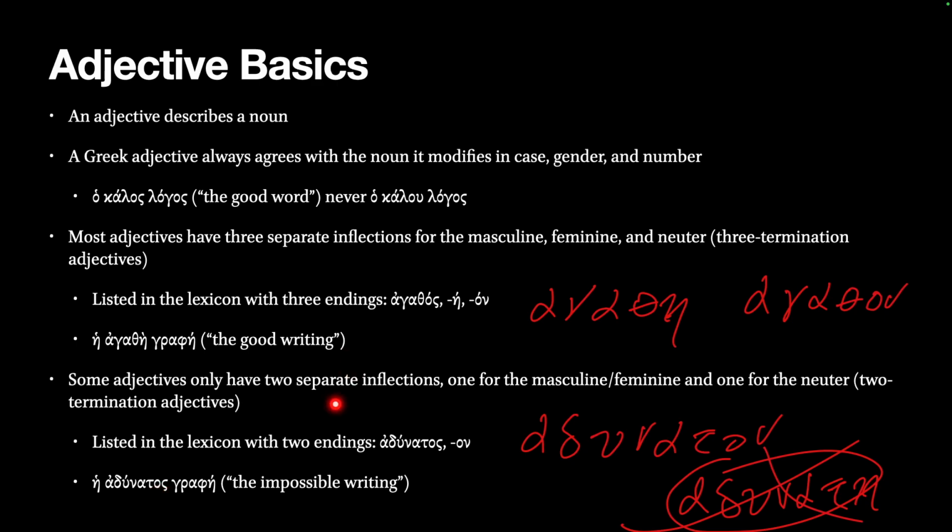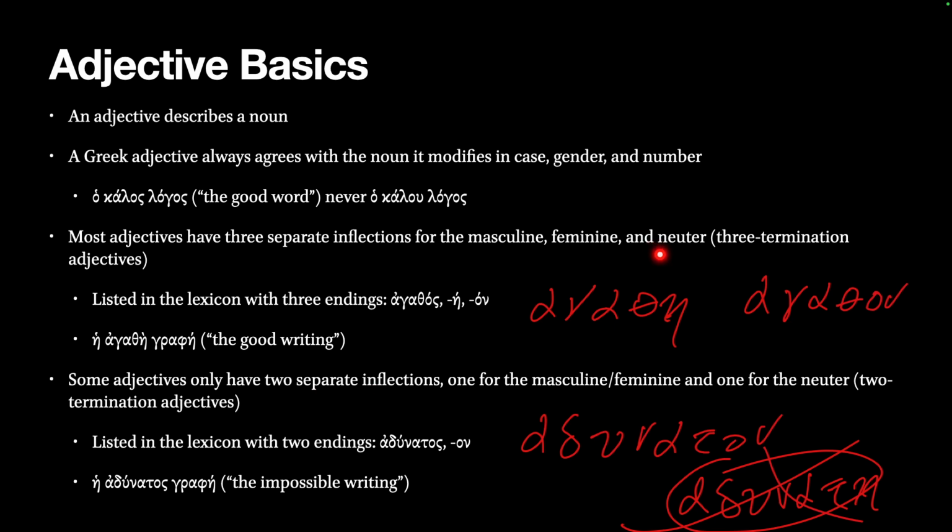The other reason that we know this is feminine, and this is the more detailed explanation, is because this particular adjective is a two-termination adjective that doesn't take a separate first declension ending. The second declension ending covers both the masculine and the feminine. So all this to say, there are two different ways that adjectives inflect, either with three separate inflections or only two inflections.